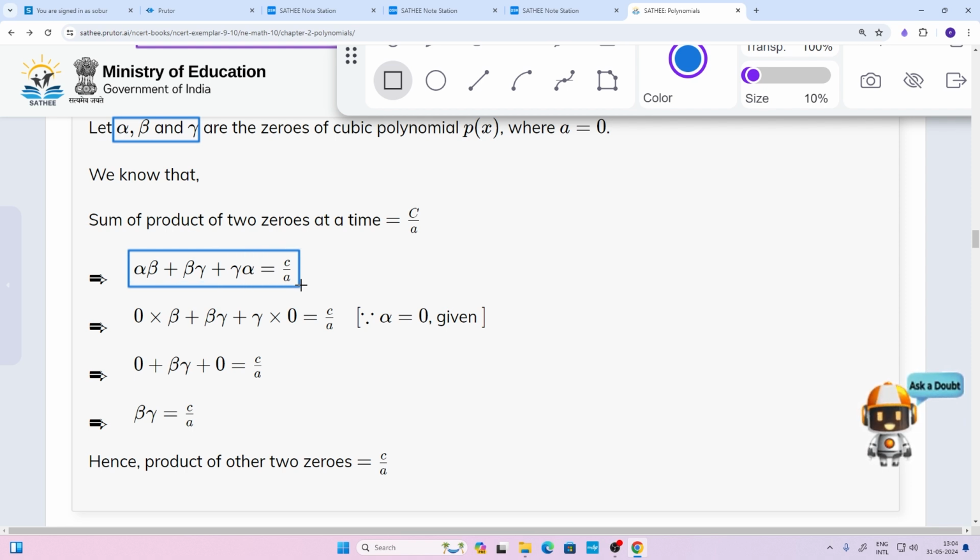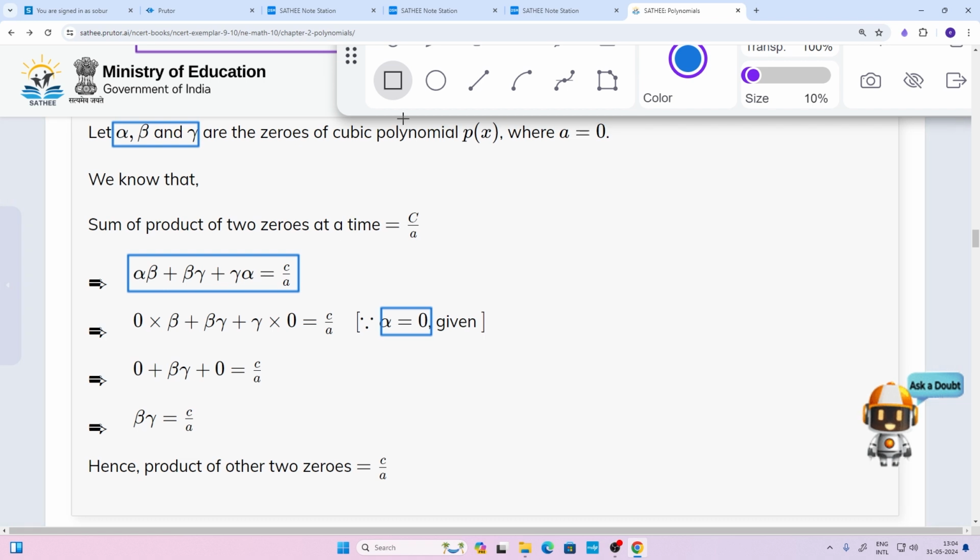One zero of this cubic polynomial is 0, so suppose alpha is equal to 0. Then 0 times beta plus beta times gamma plus gamma times 0 is equal to c upon a. It implies beta times gamma is equal to c upon a. So the product of the other two zeros is equal to c upon a.